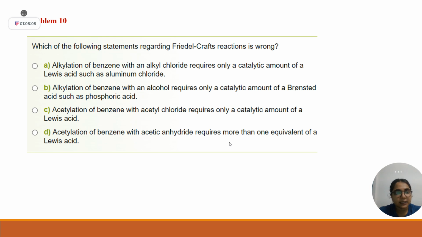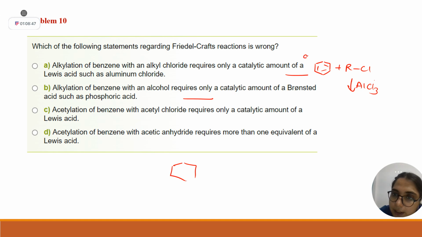In the first option, they are saying alkylation of benzene with alkyl chloride requires only a catalytic amount of Lewis acid such as aluminium chloride. In the next case, alkylation of benzene with an alcohol requires only a catalytic amount of Bronsted acid such as phosphoric acid. This is your option number A.